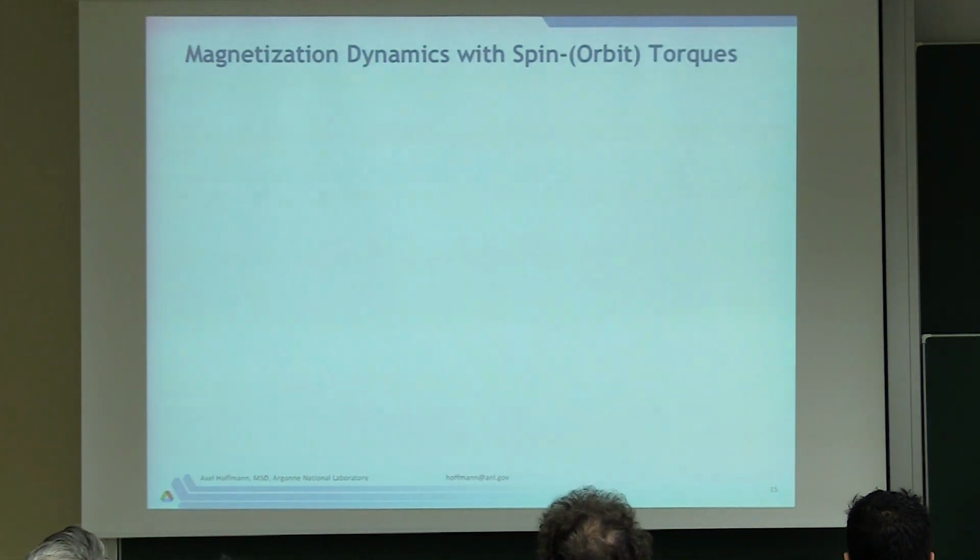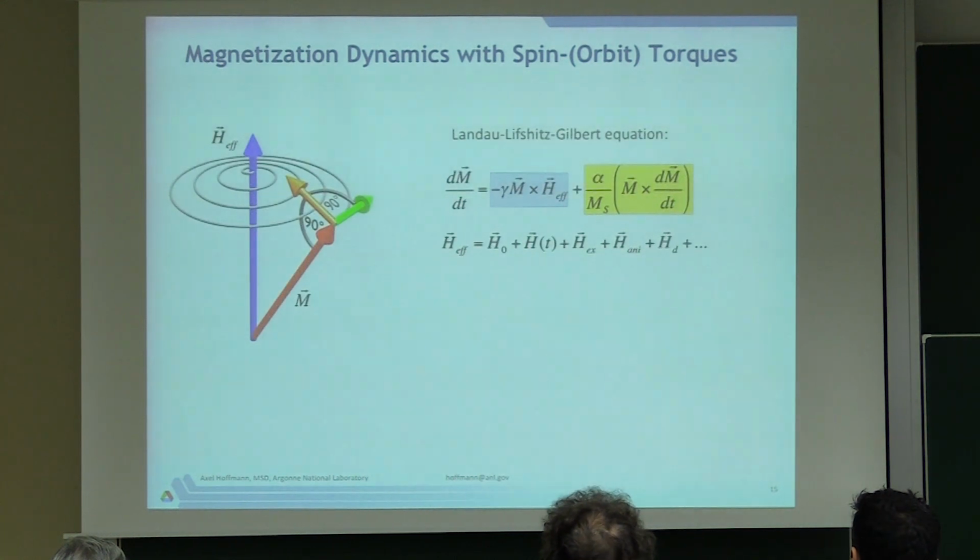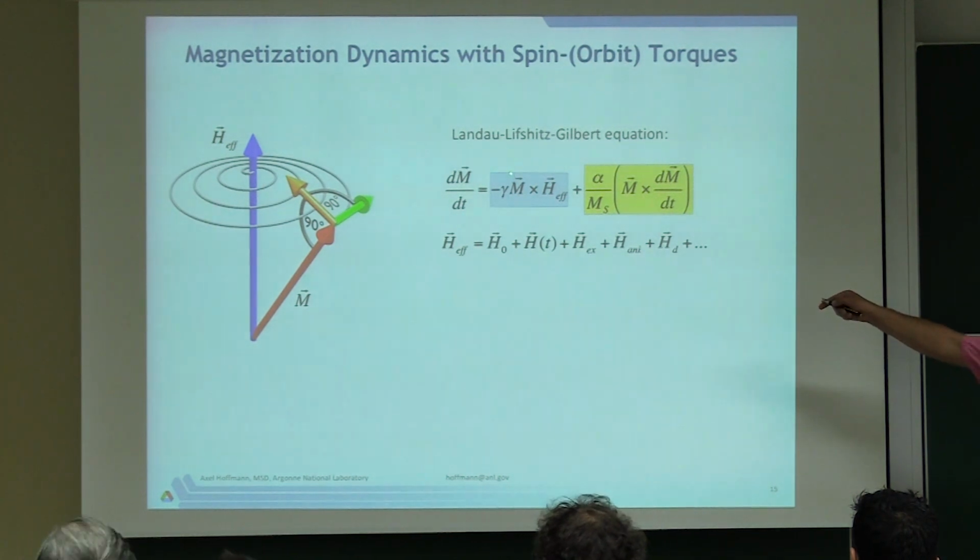I want to tell you a little bit how magnetization dynamics works and how it interacts with electric currents. So if you look at how magnetization changes, this is described by what is known as the Landau-Lifshitz-Gilbert equation. It's a fairly simple equation in a sense.